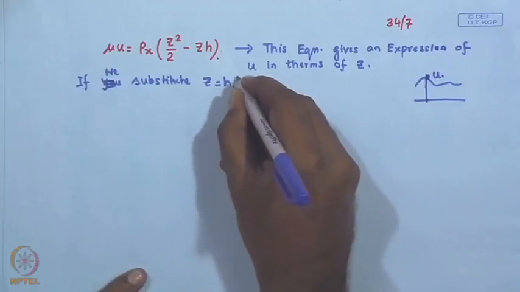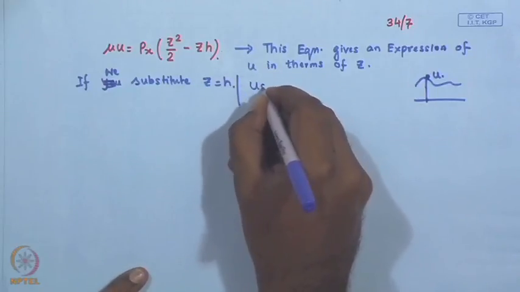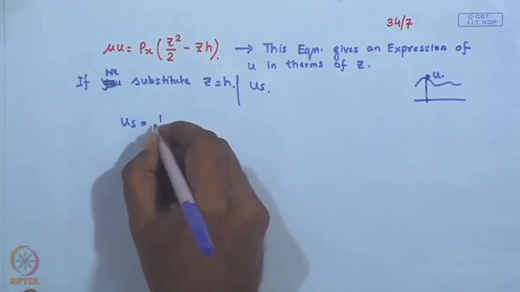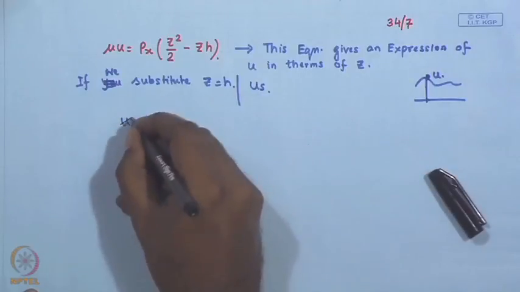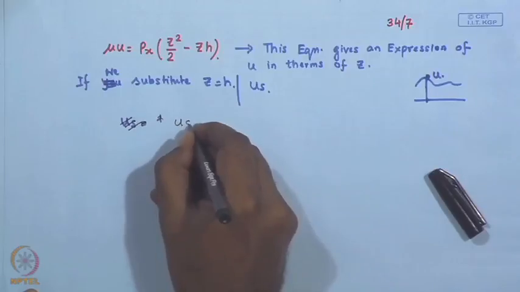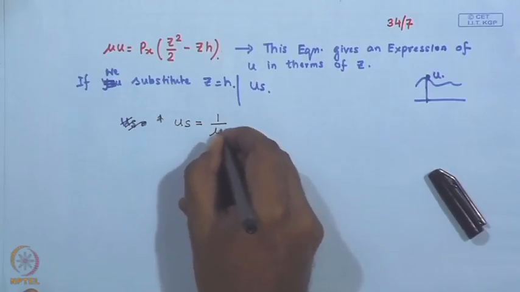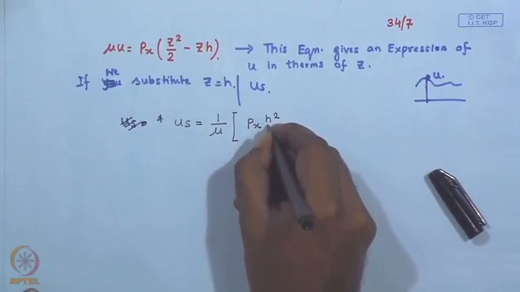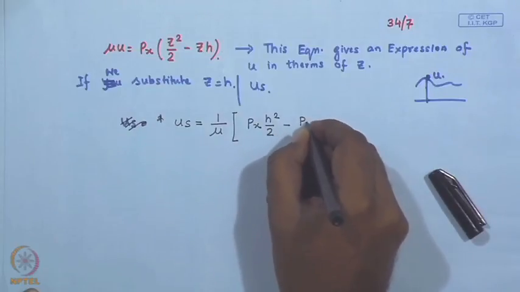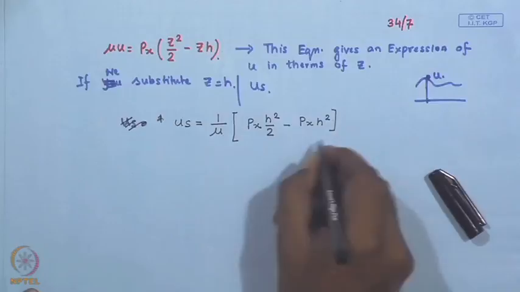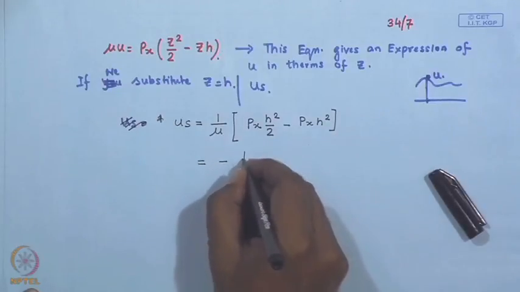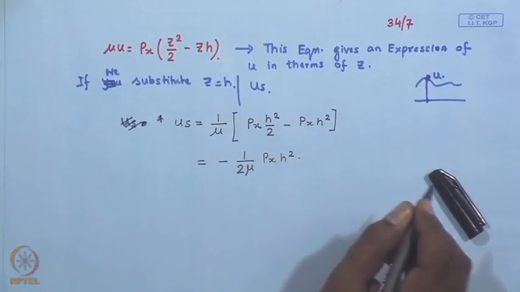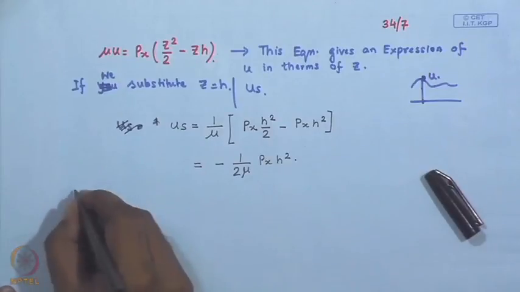So for z is equal to h, from this equation we will get the value of u s, which turns out to be 1 by mu into p x h square by 2 minus p x h square, or it turns out to be minus 1 by 2 mu p x h square.